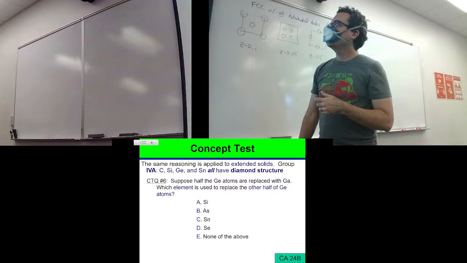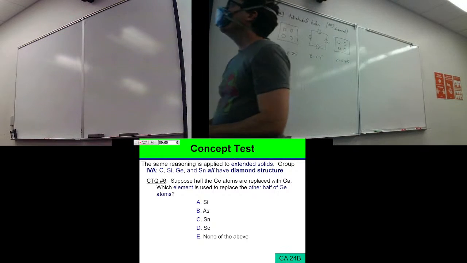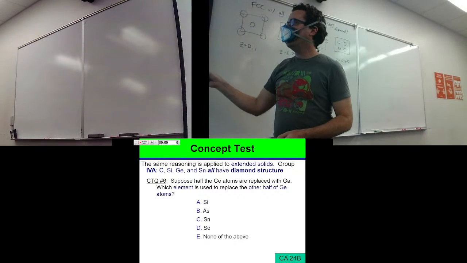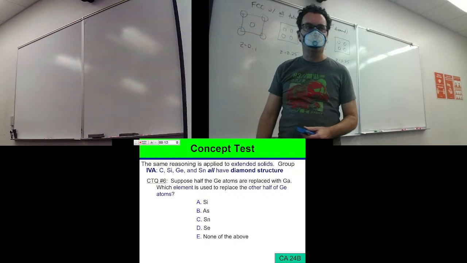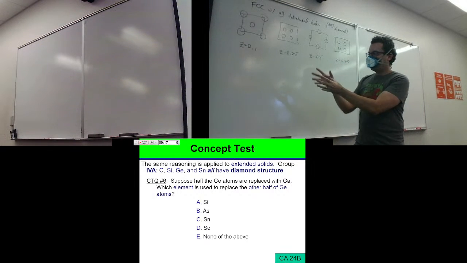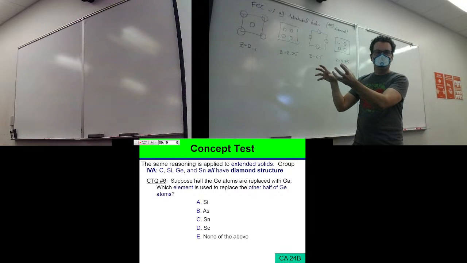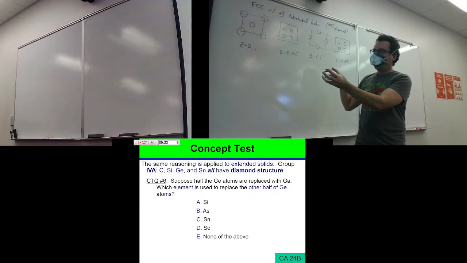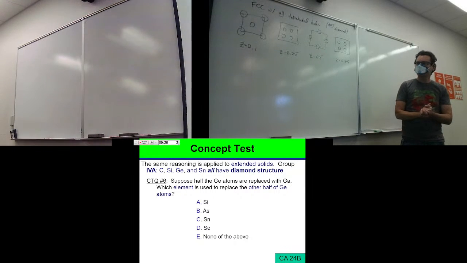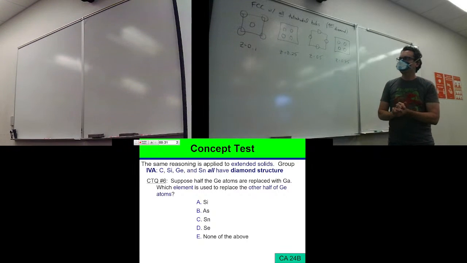So if I took germanium, and half of those germanium atoms are replaced with gallium, what other element would I have to replace the other half with to make an isoelectronic structure? The other half of the germanium atoms, what other element should I use to make a similar stable structure? Germanium is Ge, gallium is Ga.